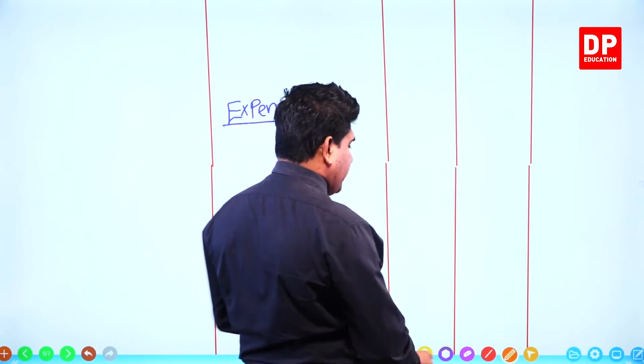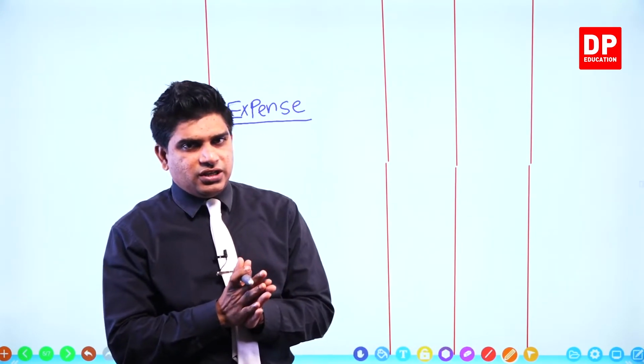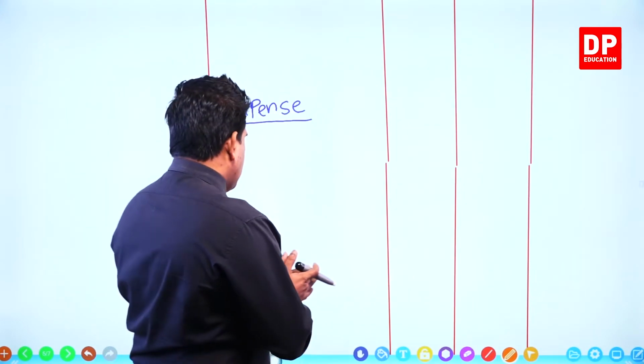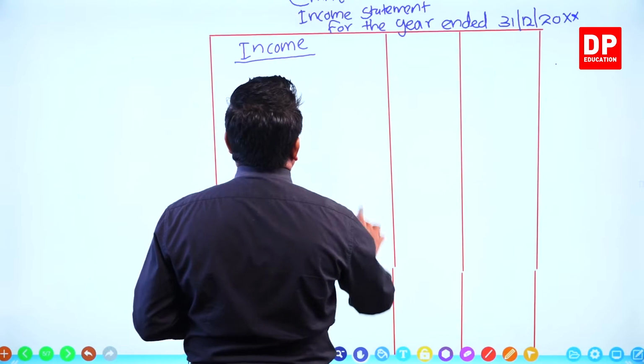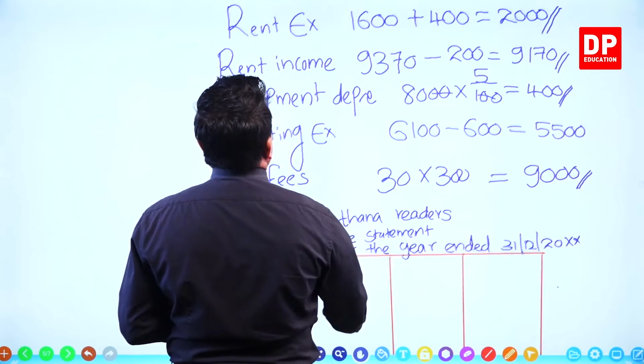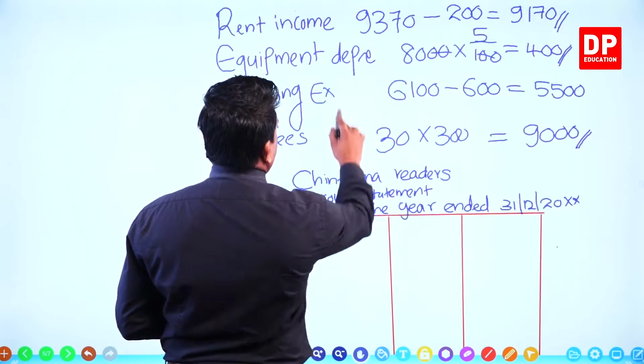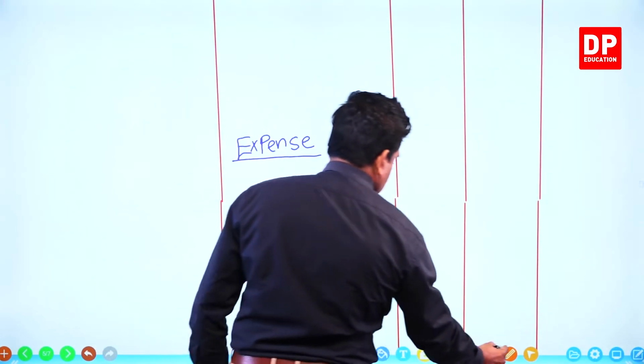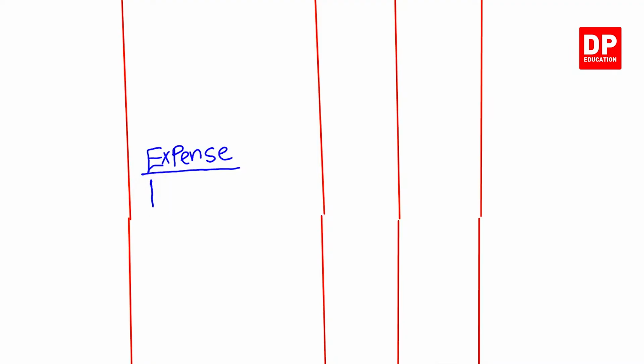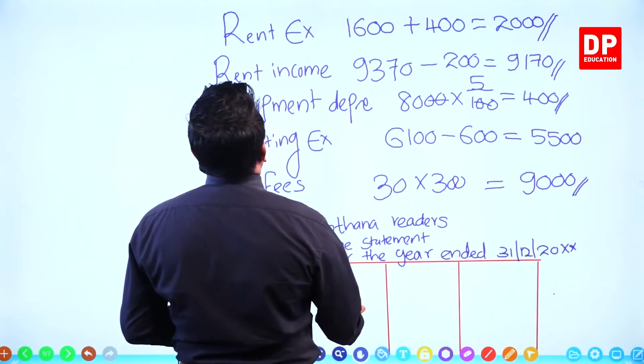Now we have already calculated the additional information details, so it's very easy to put them into the income statement. Now you go to the calculations first. What is the first one? Yeah, first one is rent expense. How much? 2,000. Rent expense 2,000. Next, what's the second one?